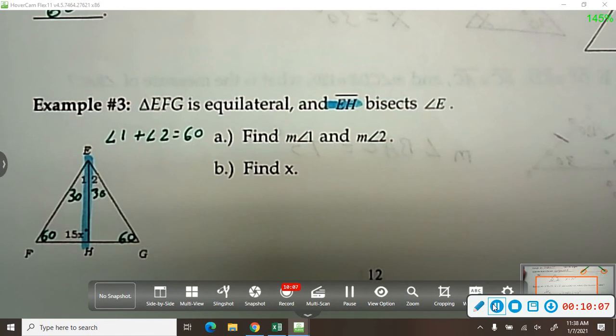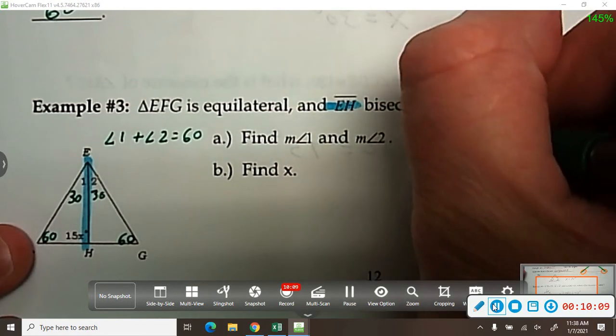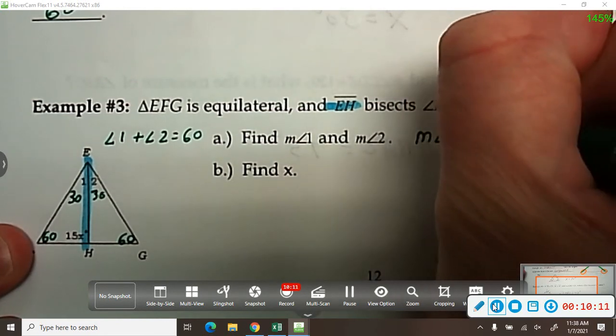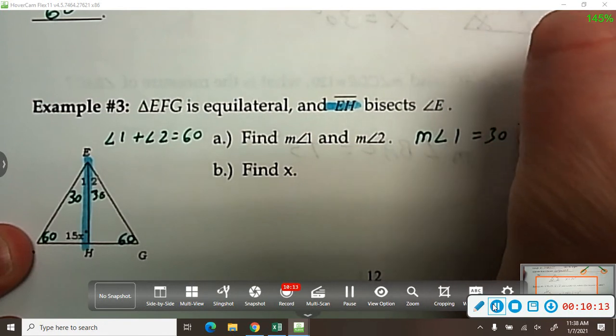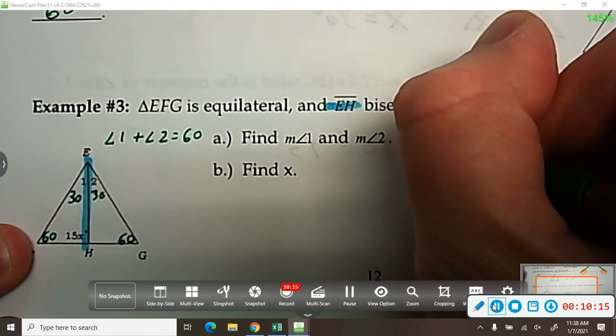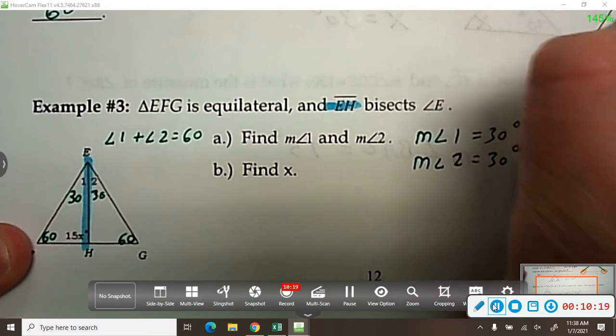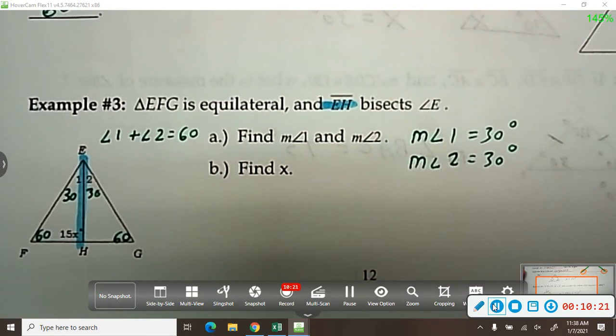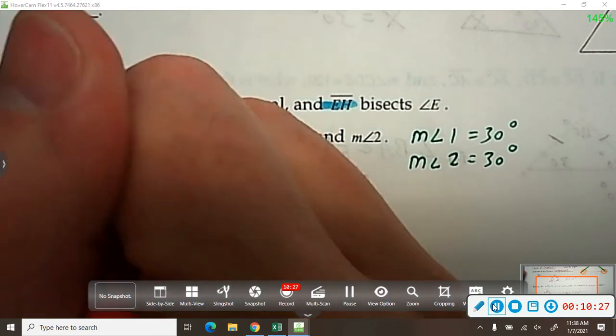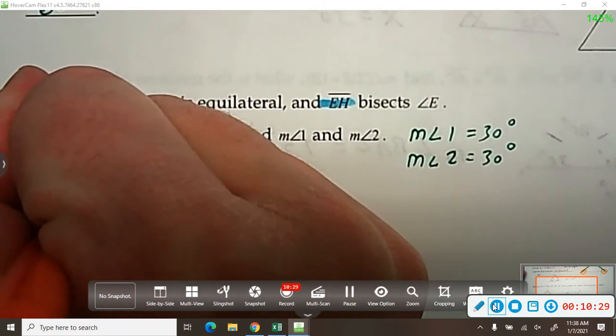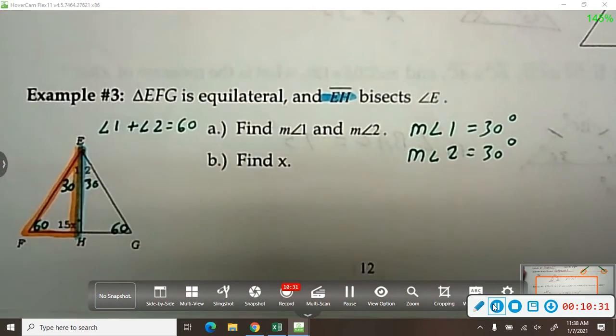So what is the measure of angle 1 and 2? Measure of angle 1 is 30 degrees. And the measure of angle 2 is 30 degrees. It also says find x. I have a triangle right here. I see the x. I know that if I look in this orange triangle and add up those three angles, it should equal 180.